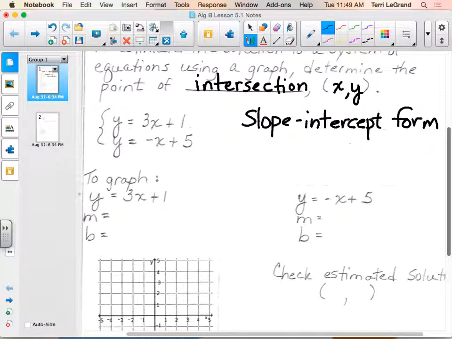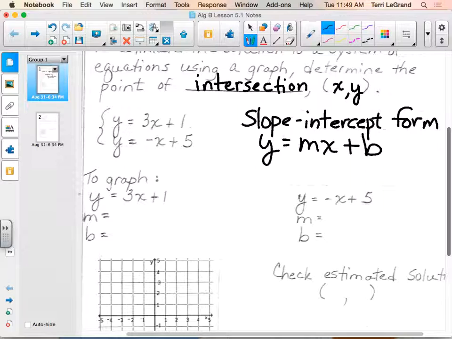What does slope-intercept form look like? When it's solved for y. When it says y equals. So y equals, what's the general form that we talk about? Isaac? Y equals mx plus b.